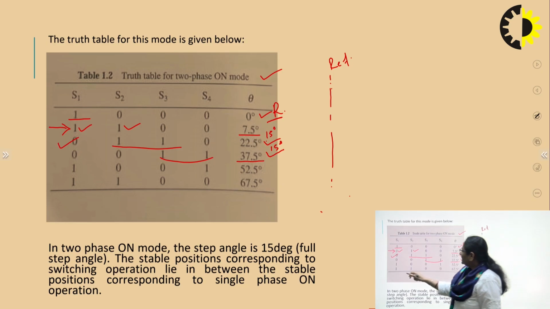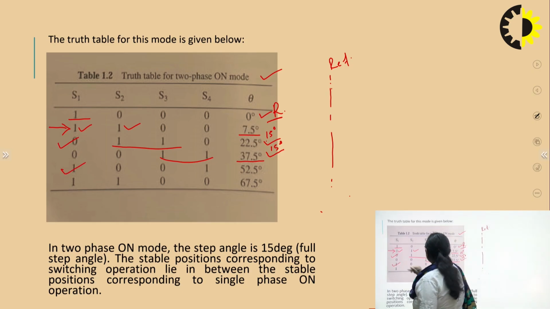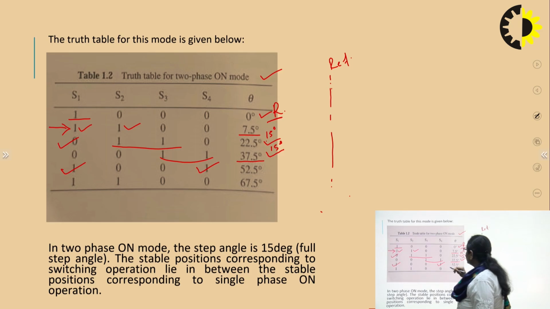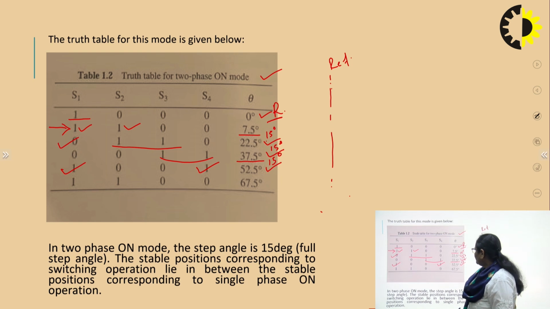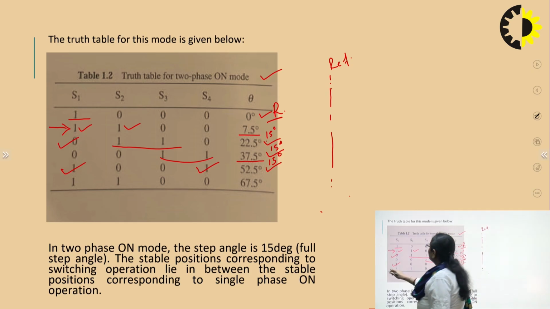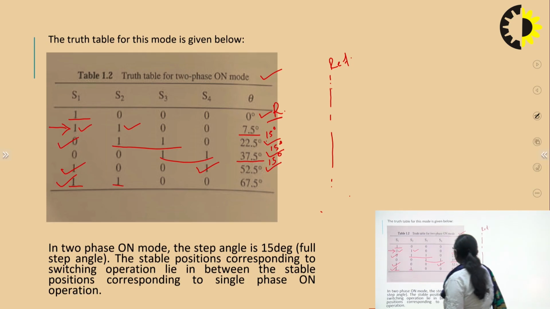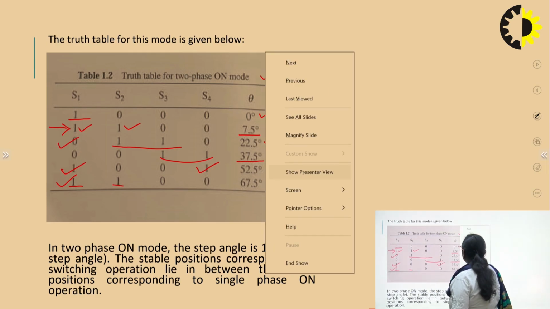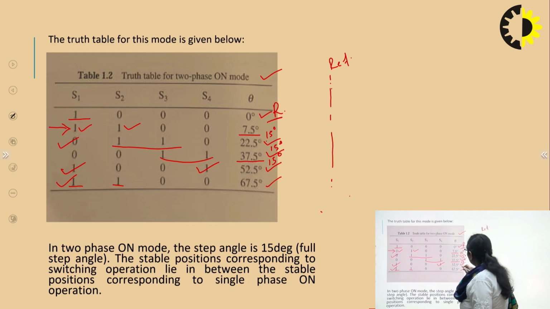Likewise, under next switching sequence, when phase A and phase D are energized, the rotor position lies at an angle of 52.5 degree, and again there is a variation in the rotor position by 15 degree from the previous position. A further change in the switching sequence, which is energizing phase A and phase B, gives the rotor position as 67.5 degree, which is again 15 degree ahead from its previous position.